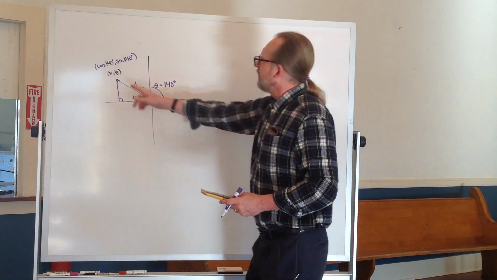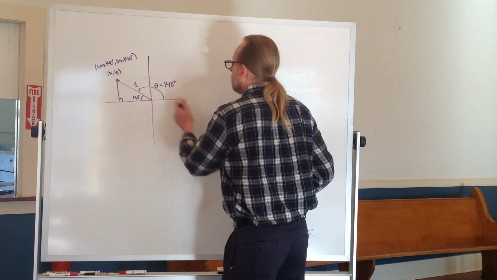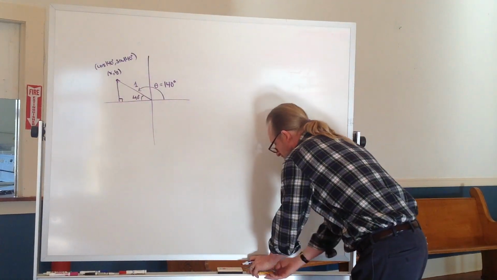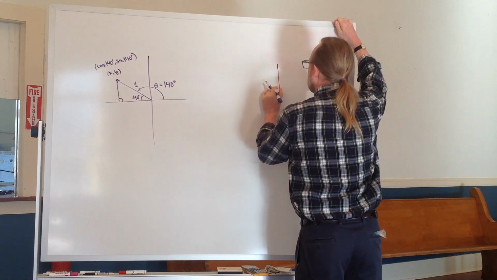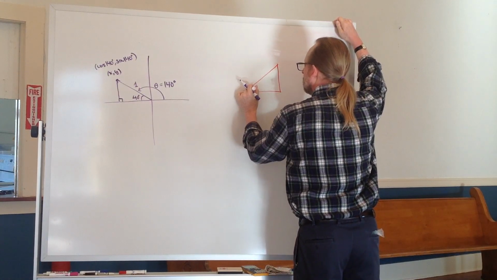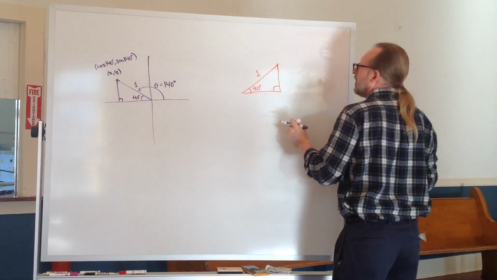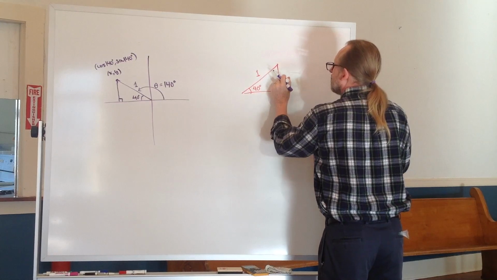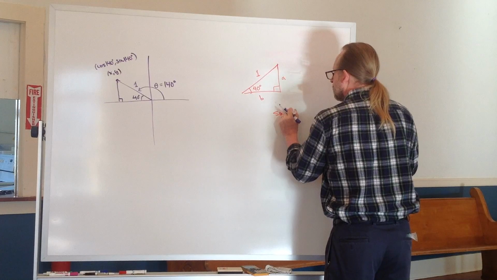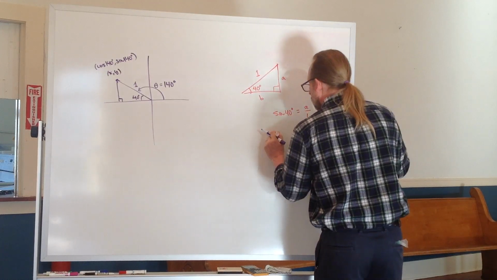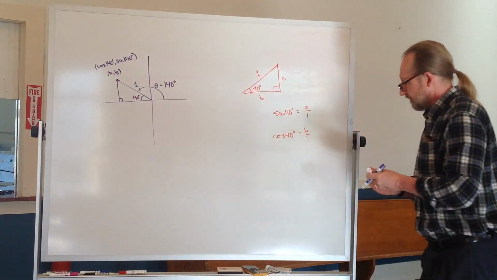If we know that the x coordinate is the cosine of 140, it's also in this right triangle. If we just take a right triangle like this, where this is 40 degrees and this hypotenuse is 1, and let's say I call this A and I call this B, then the sine of 40 is A over 1 and the cosine of 40 is B over 1.